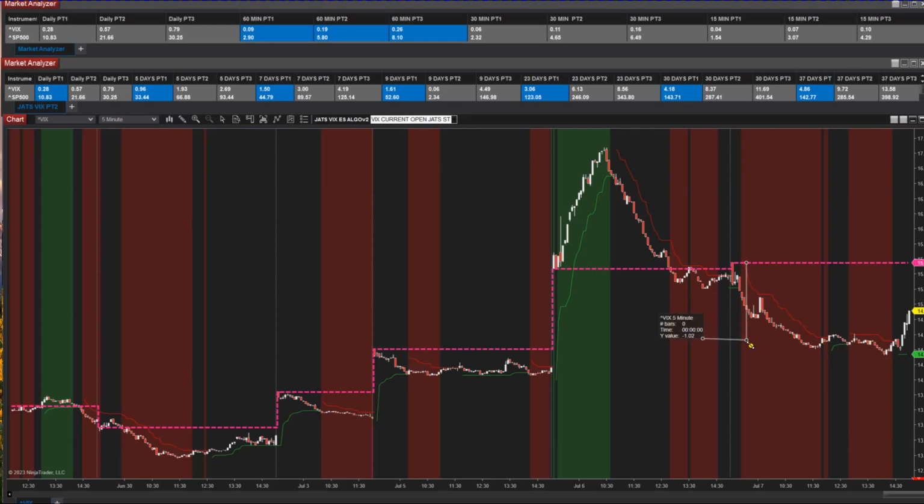You can see we broke 79 right here. You see how it initially gave you some support, came back to the super trend, and then it broke it. And so you were breaking your range to the downside, right? And so this is range expansion to the downside.